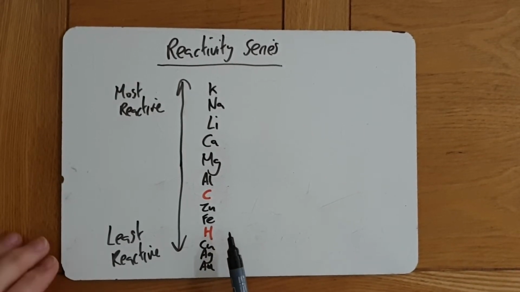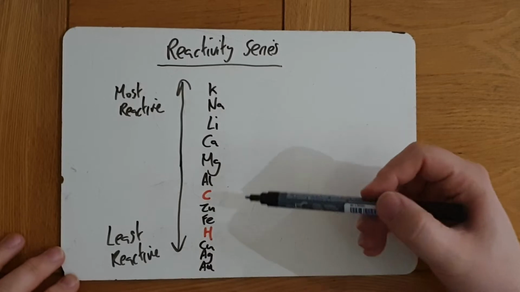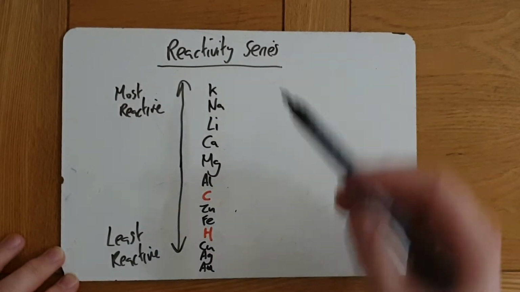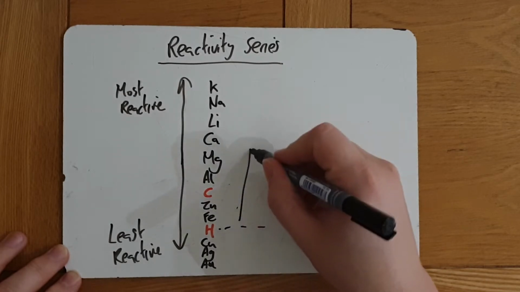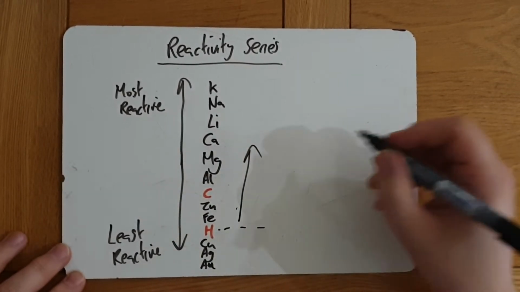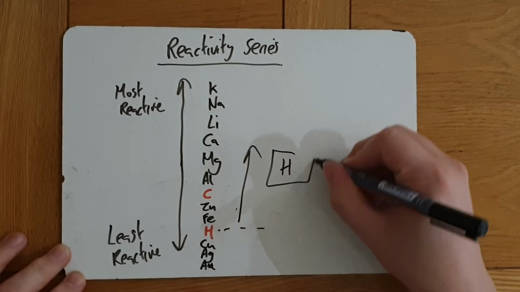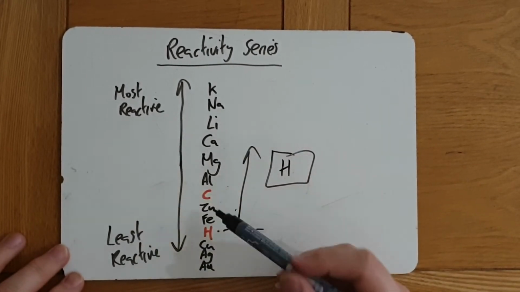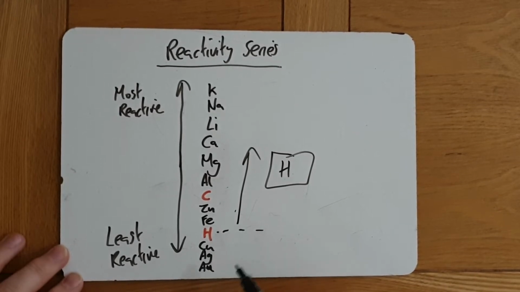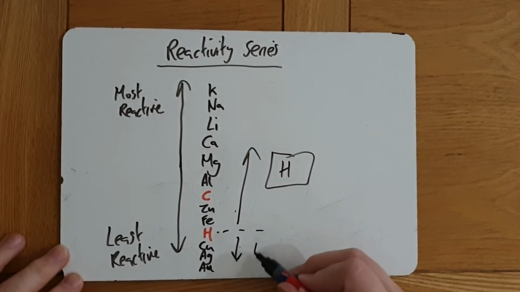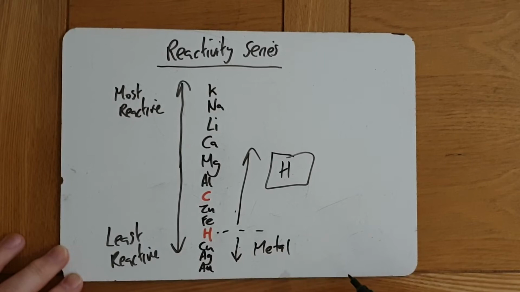And the rule is when you're doing electrolysis, if the metal is more reactive than hydrogen, then you make hydrogen, because the metal's more reactive, so it's like, yeah, we'll let you make hydrogen instead. If it is less reactive, then you make the metal.